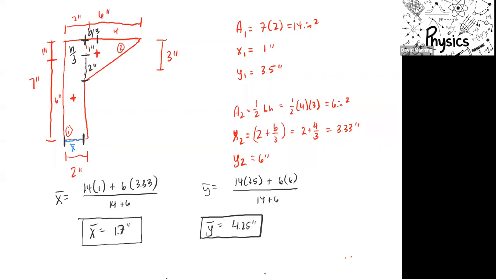So somewhere up here. Oh, wait, that was 4, so it's got to be up here. So this is y bar. So we are in here somewhere for our center, our centroid. Any questions there?